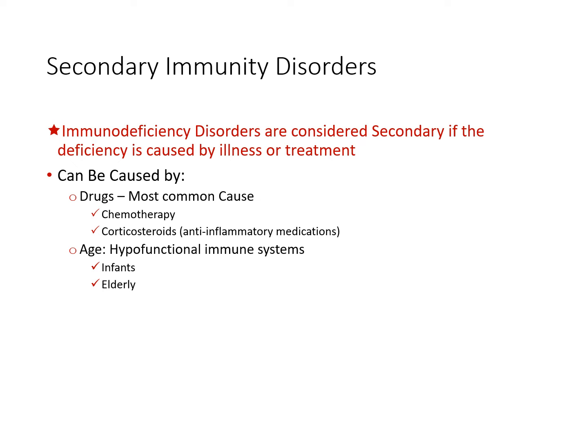Things like aging. When people are older, their immune system is not functioning as well. Or even babies, when they're born, they don't have an intact immune system, right? And they're relying on hopefully the mother breastfeeding them so that they can start building up some type of immune system at some point.